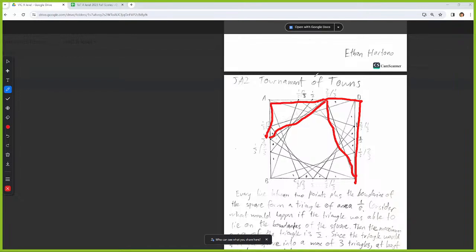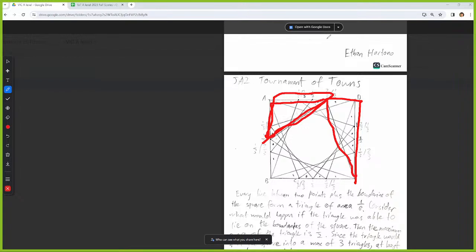So what's the area of this triangle? So you've got the midpoint here, up to A, and going 2/3 along, and then like that. What's the area of that triangle? Yeah.